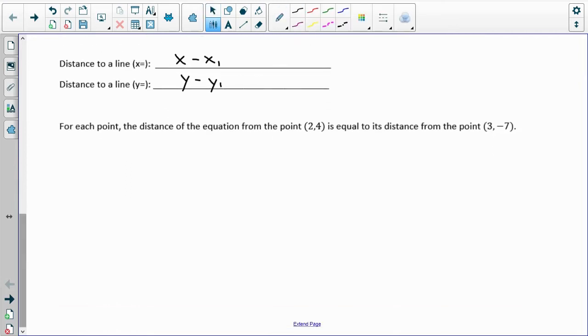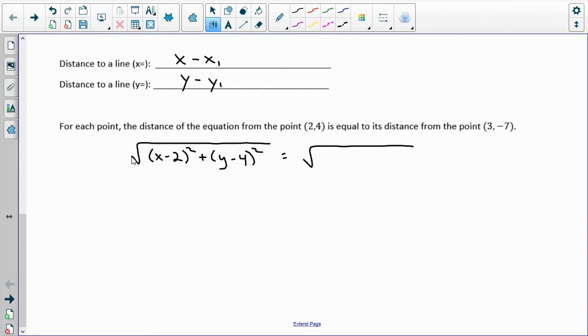Problem 1. For each point on an equation, the distance of the equation from the point (2, 4) is equal to the distance from another point (3, 7). So the square root of (x minus 2) squared plus (y minus 4) squared equals the square root of (x minus 3) squared plus (y minus 7) squared.